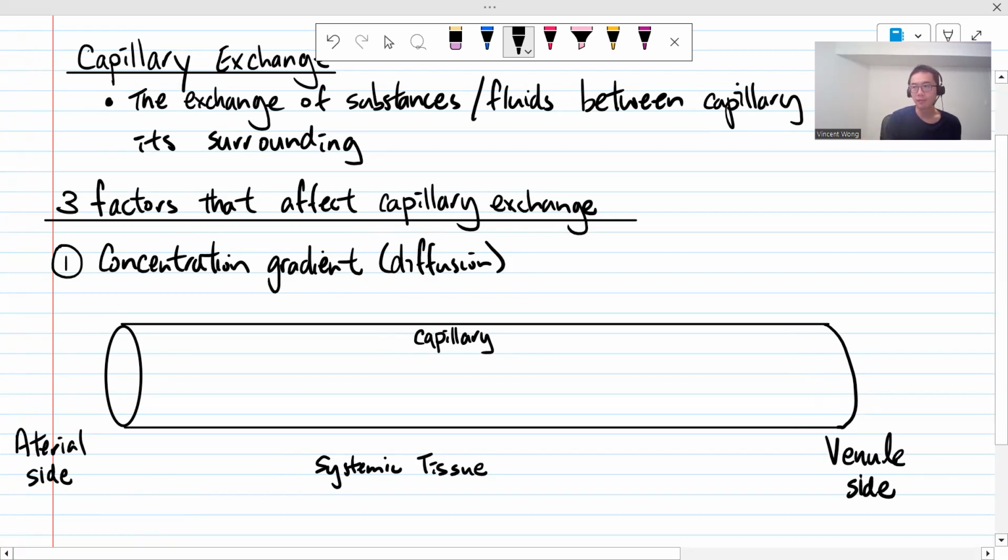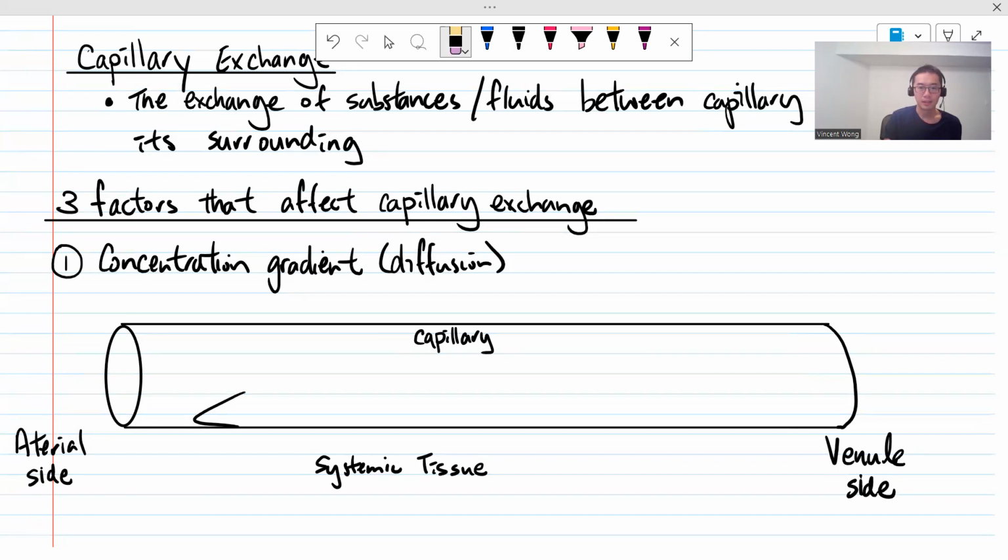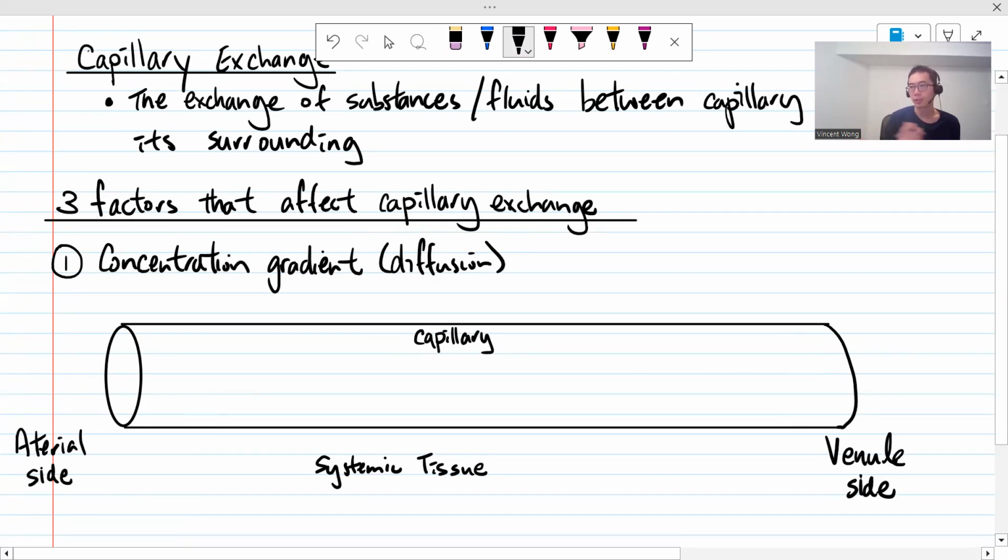So which way is blood flowing? Now you should know this. Is it from left to right or right to left? Which direction is the blood flowing? From arterial to venular. That's right. Now I also want you to understand this is a simplification, right?